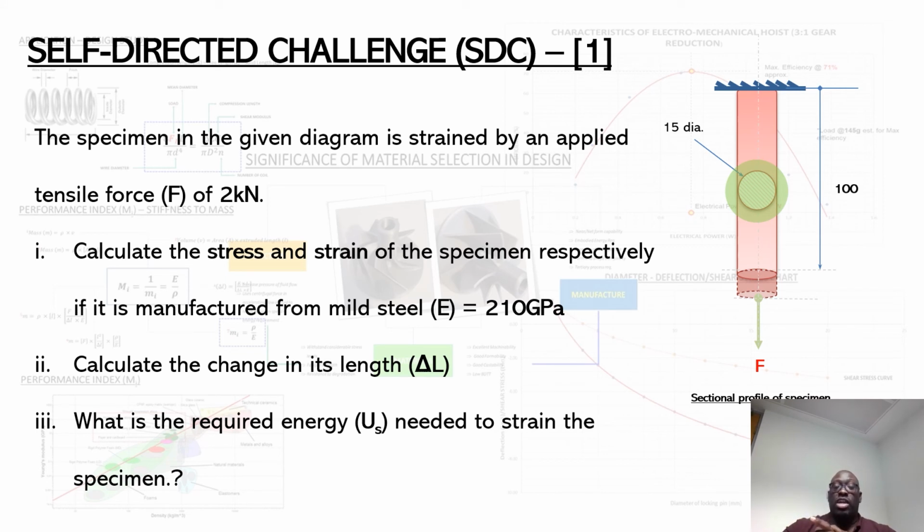And once you've calculated the change in length, have a go calculating what the strain energy is, which will cause the material to elongate. Right? So you need to see which of the formulas you can use in deducing what the strain energy is for the given specimen when subjected to a tensile force of 2 kilonewtons.